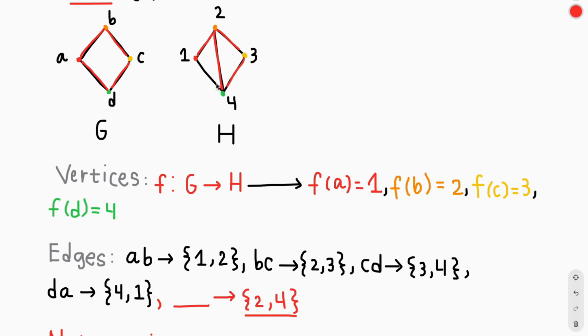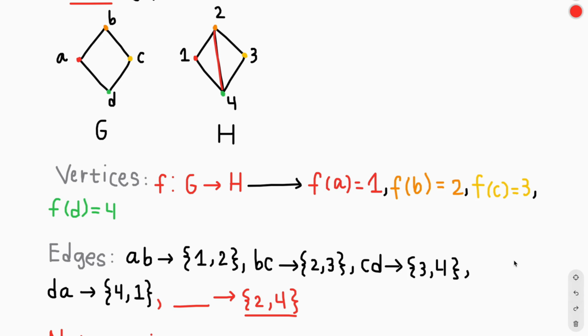But something you would have noticed before, let me just get rid of the red here. Alright, is that in graph H, we also have this red edge going from vertex 2 to vertex 4. And I've also drawn that here, right?